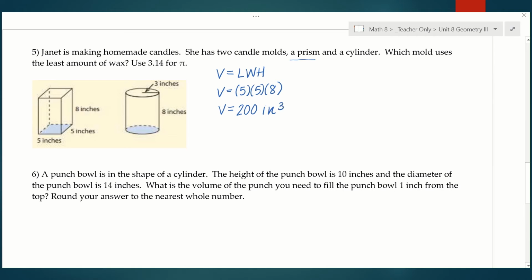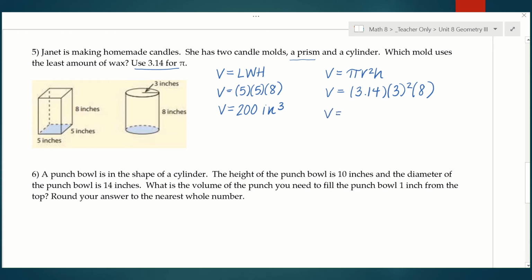Okay, so now I'm going to work on the cylinder mold. So volume equals pi r squared h, and I am being asked to use 3.14 for pi. So in my substitution step, I have 3.14 times, if you look at the picture, the radius is 3. So times 3 squared, and my height is 8.